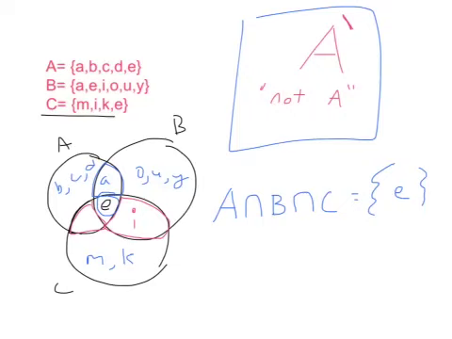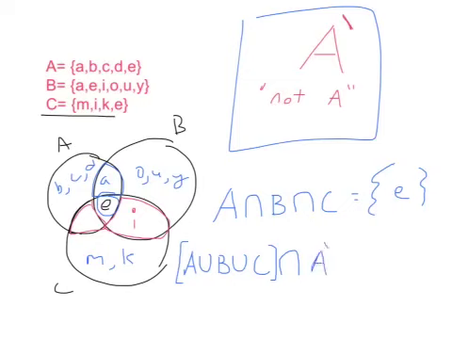However, let's think about this. What if I said A union B union C, which is all letters, joined with all things that are not A. Oh, interesting.